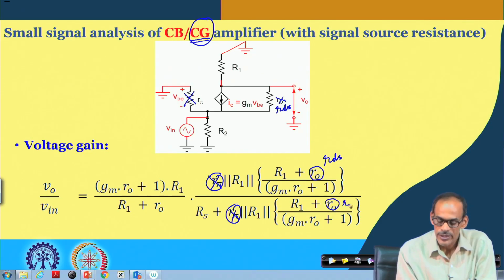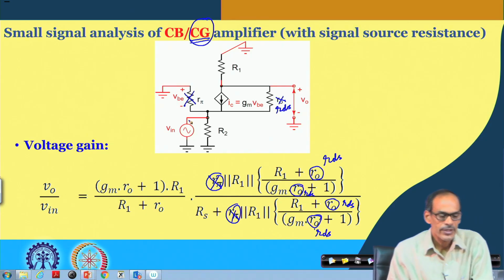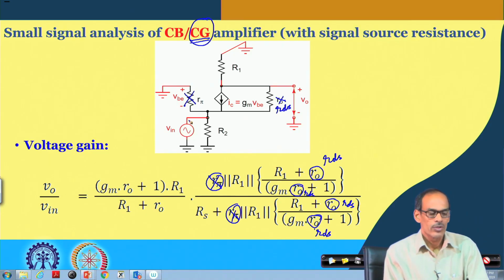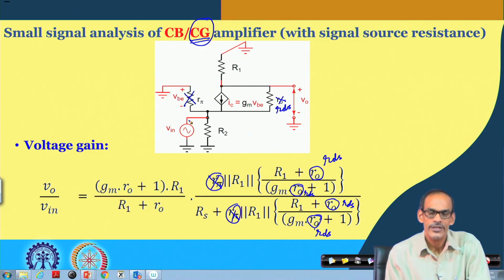So, this is RDS and so on, but the overall conclusion remains the same, namely that the common gate circuit also may not be a good idea to utilize as a voltage amplifier.